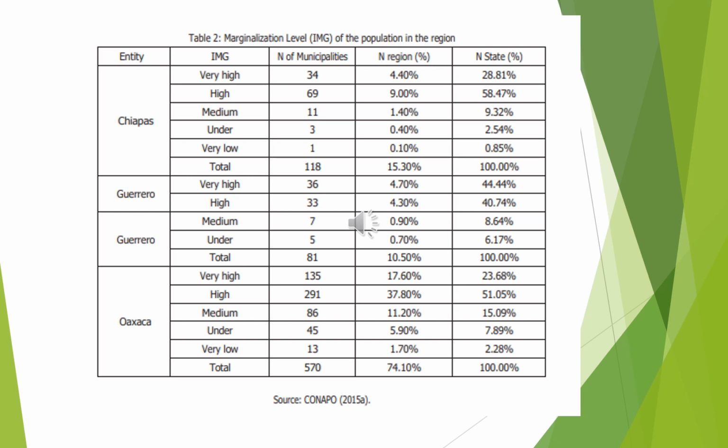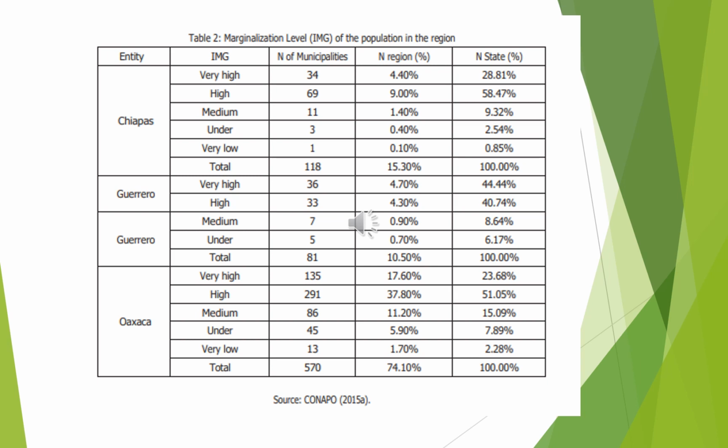For example, in all states, we have 769 legally constituted municipalities in the regions. Of this total, 205 had inhabitants whose marginalization was very high, 26.7%.